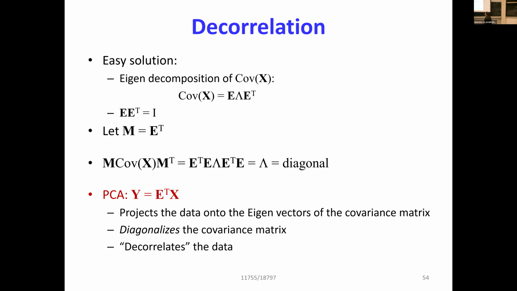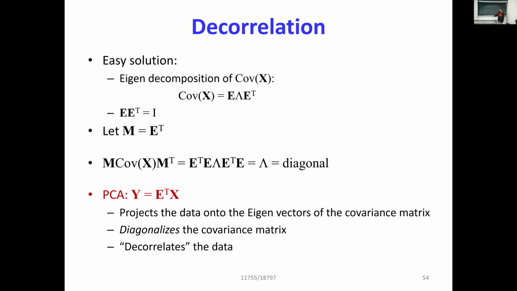And so what we really want is for M times X X transpose times M transpose, which is to say M times the covariance of X times M transpose, to be diagonal. But then the covariance of X can be written as E, the eigenvectors of this covariance matrix, times lambda times E transpose, so M times E times lambda times E transpose times M transpose needs to be diagonal.